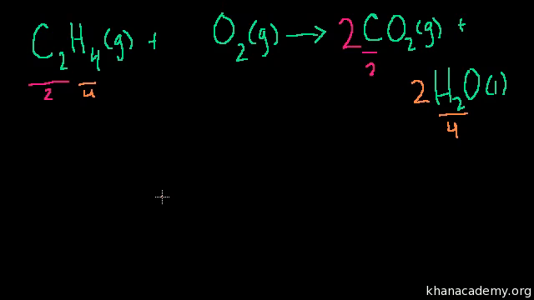Cool. Finally, oxygen. On the left-hand side, I have 2 oxygen atoms. And on the right-hand side, what do I have? I have 2 waters, and in each water I have 1 oxygen atom, so I have 2 oxygens.